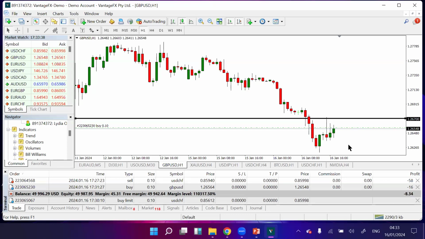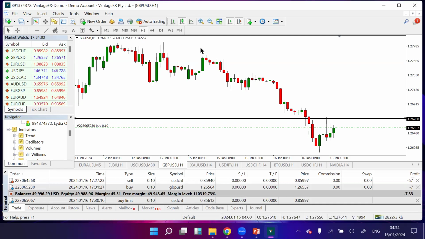But we do not want that huge swing where we are in a huge negative before price starts doing what we expect it to do. So that's the reason why we use pending orders, and we try to get our entries as good as possible.